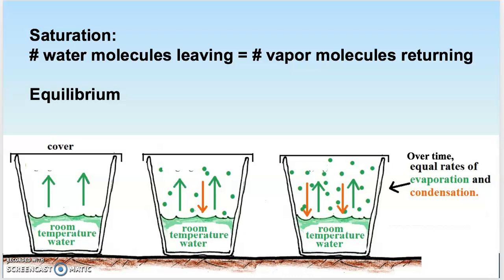And if you think about that number of water molecules leaving equaling the number of molecules returning, that brings us back to a very familiar law, and that is that equilibrium law that we were talking about in thermodynamics, where when we had high energy and low energy, the high energy will move to the low energy to establish a balance or an equilibrium.